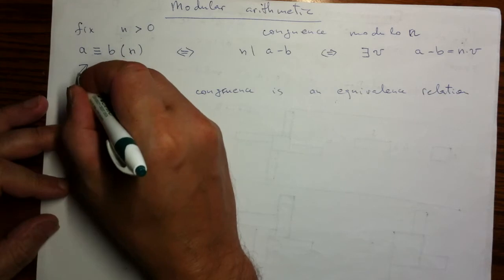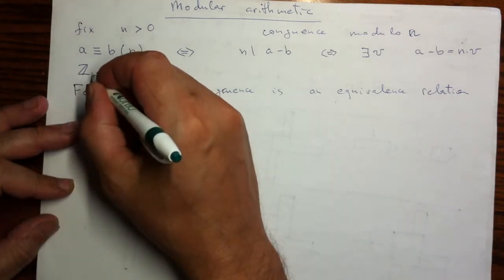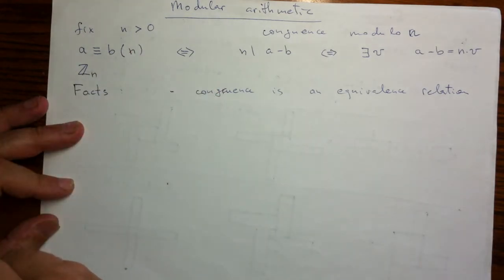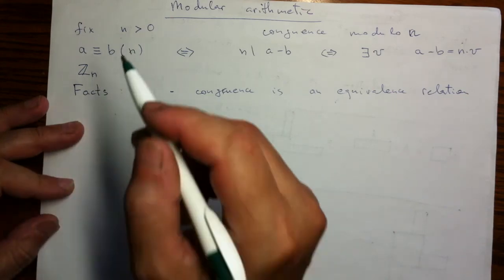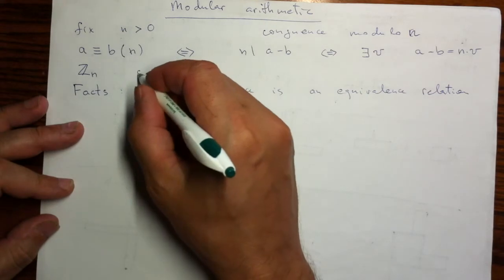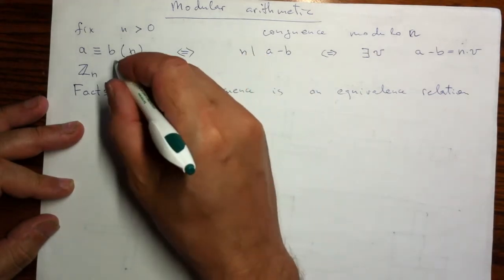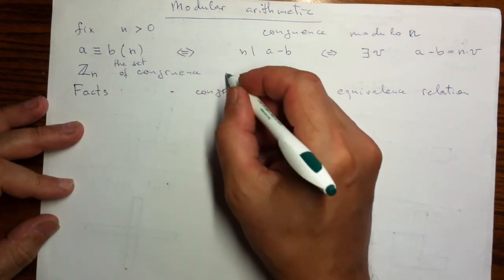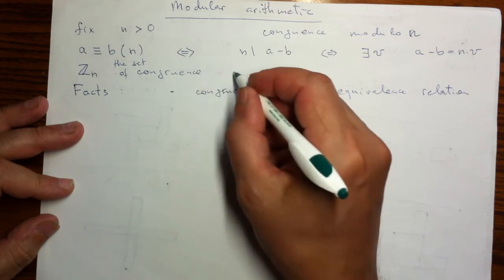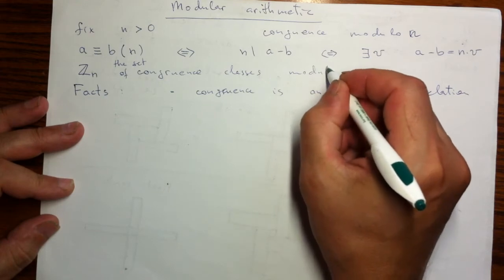After you do that, you can be sure that the whole set of integers is separated into congruence classes, and the notation for these congruence classes, I'll be using this, integers sub this modulus n. So these are the set of congruence classes modulo n.